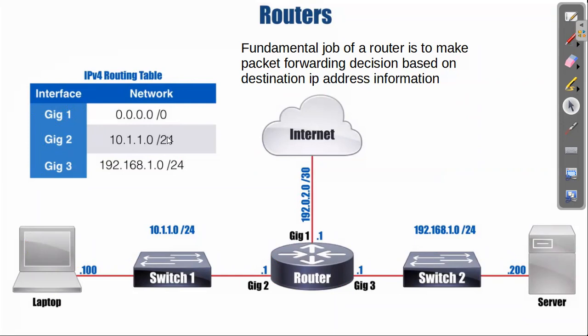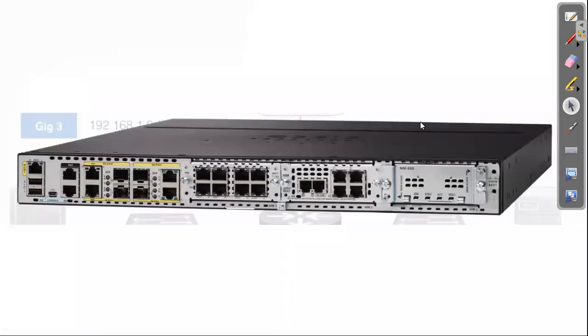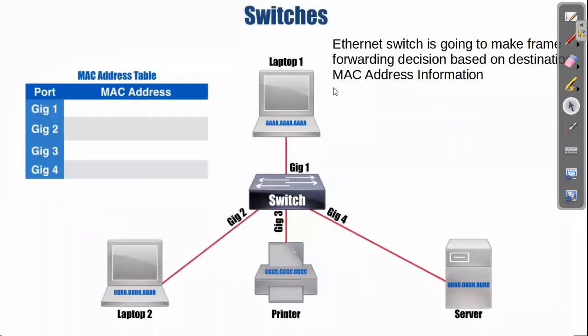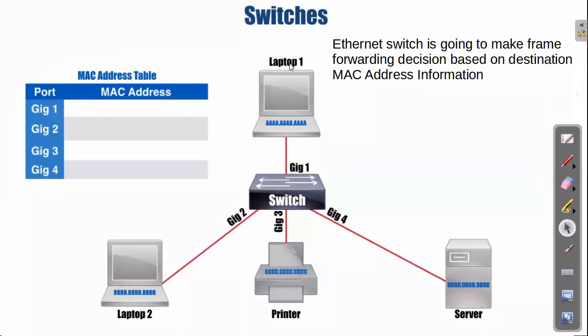Gig 2 is associated with 10.1.1.0. Gig 3 is associated with the 192.168.1.0 network. Okay, this is the router. Now we can move on to the next device, that is the switch.